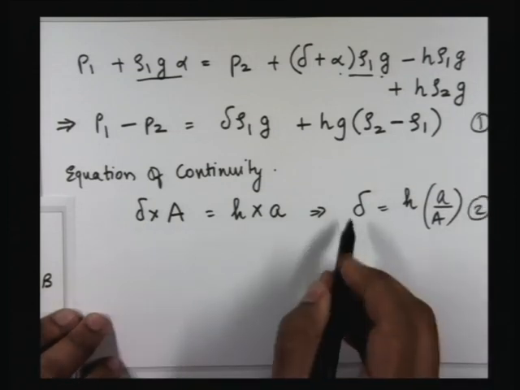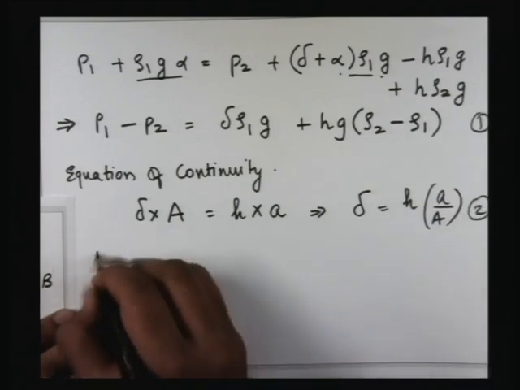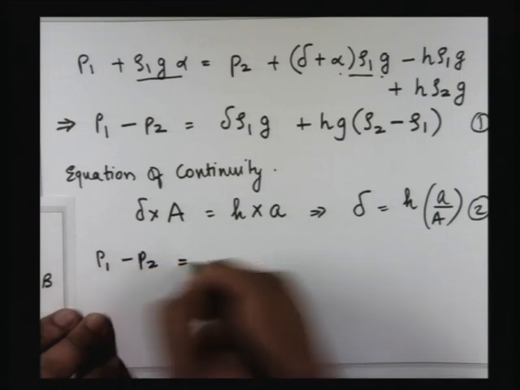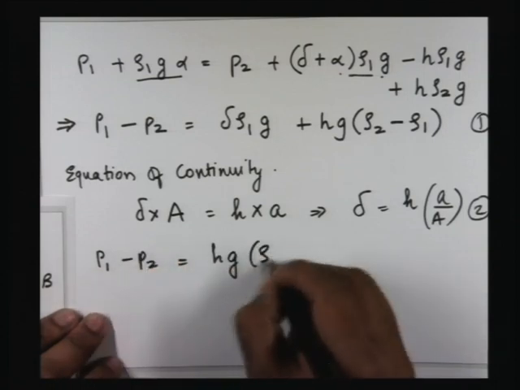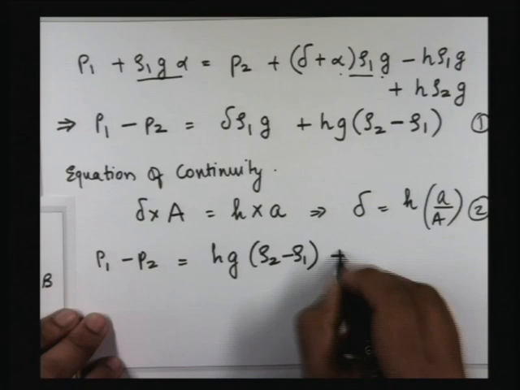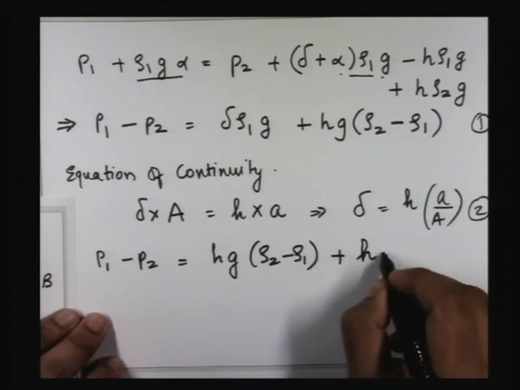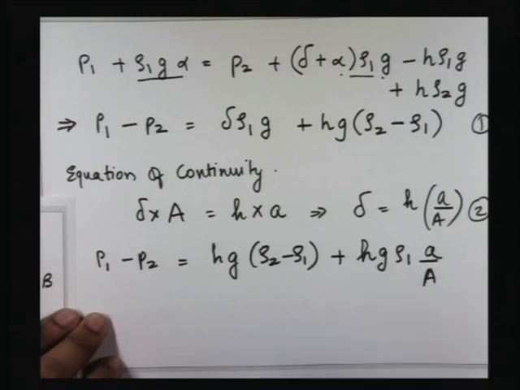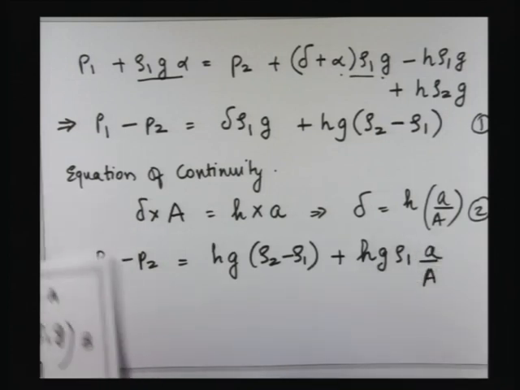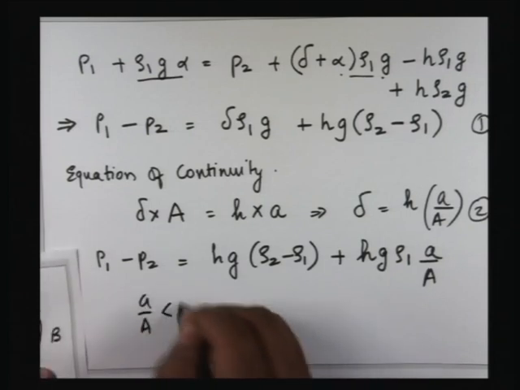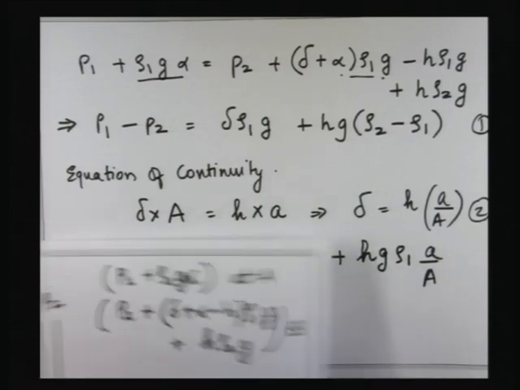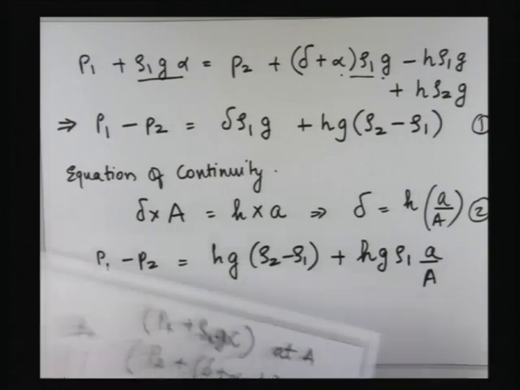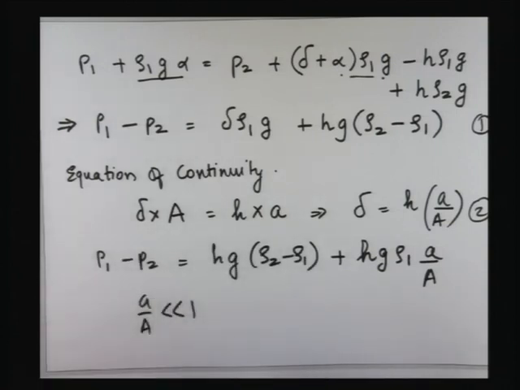Substitute delta from equation 2 in 1, P1 minus P2 will be equal to Hg rho 2 minus rho 1 plus Hg rho 1 times small a by capital A. It is given that small a by capital A is much less than 1 because it is mentioned here that the ratio a by A is small.